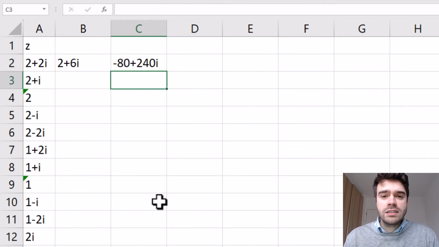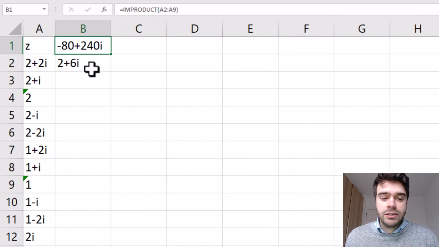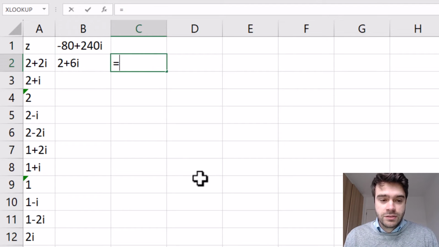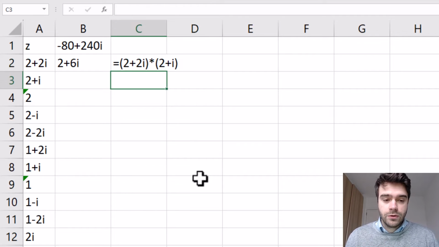Now, what is actually going on behind the scenes here? Well, just like with regular multiplication, we basically want to put parentheses around these numbers. So let's take this example here of 2 plus 6i. Well, this was actually achieved by doing 2 plus 2i times 2 plus i. Okay, so now we have to distribute this.